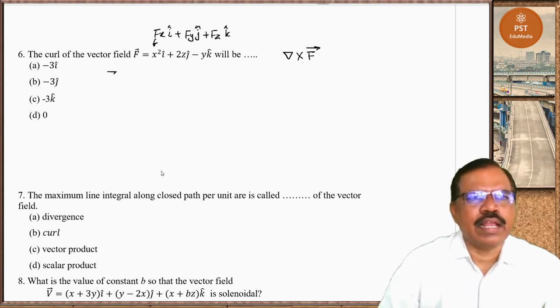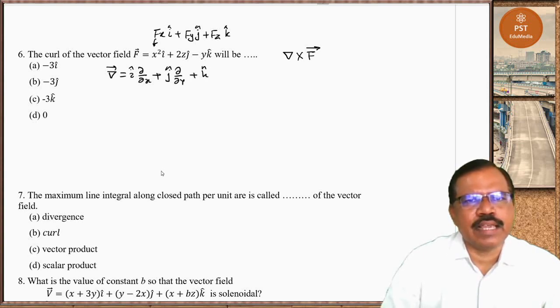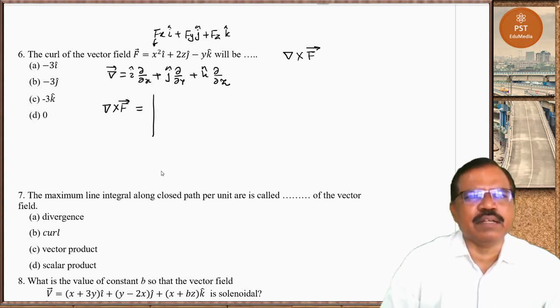And we know the del operator is i del by del x plus j del by del y plus k del by del z. So we can find del cross f. So del cross f, we will use the determinant.